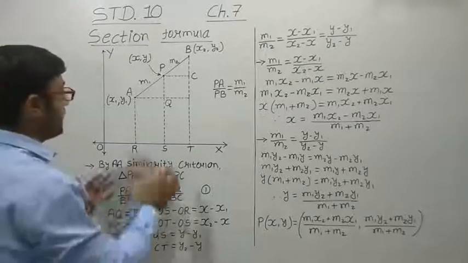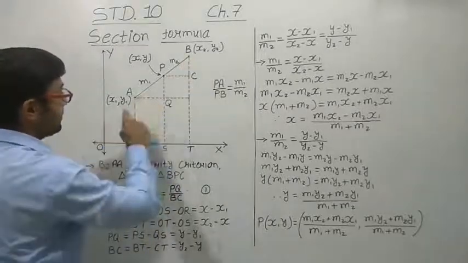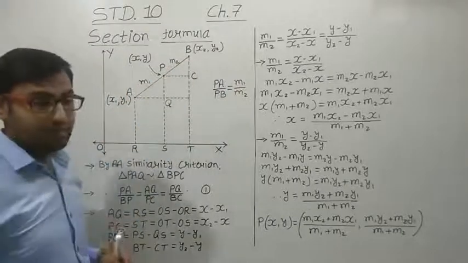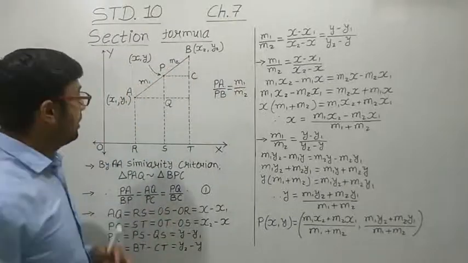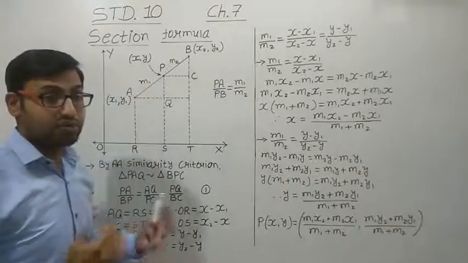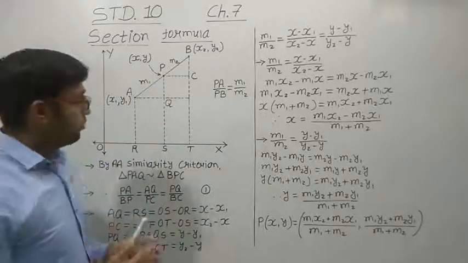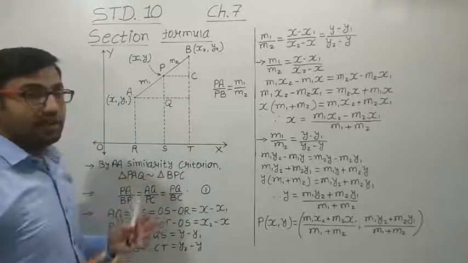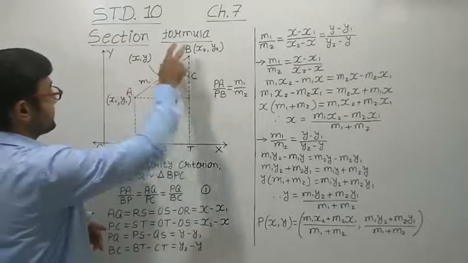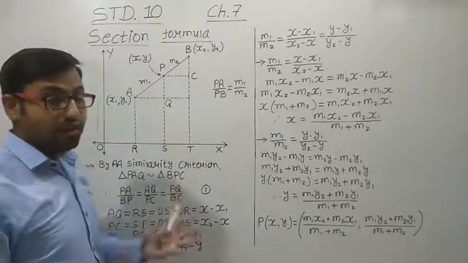So this is the main diagram: the line segment, these three points and all the coordinates. Now how can we find out the value of x and y? When we derive that value of x and y, it is called the section formula. So how can we derive that?